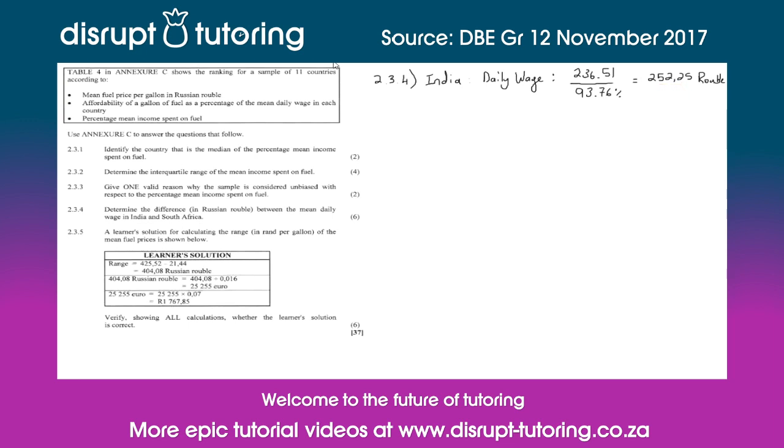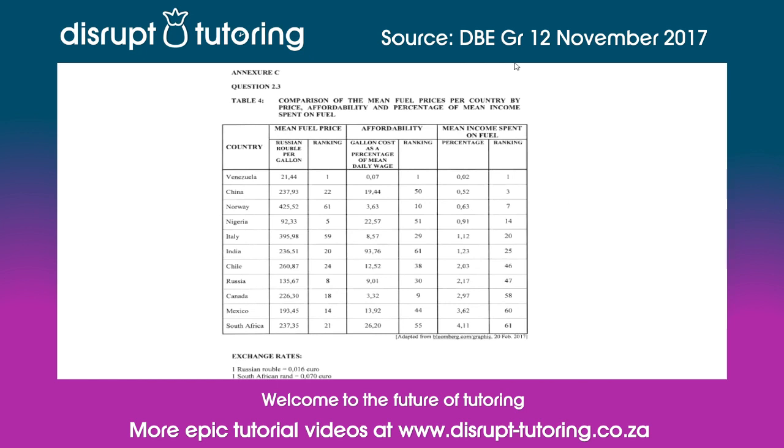So a similar process can go for South Africa. So the South Africa daily wage will use the same data points, but obviously for South Africa. As I said, you can see here it's 237.35 is what it costs per gallon, and this only takes up 26.2% of our daily wage.